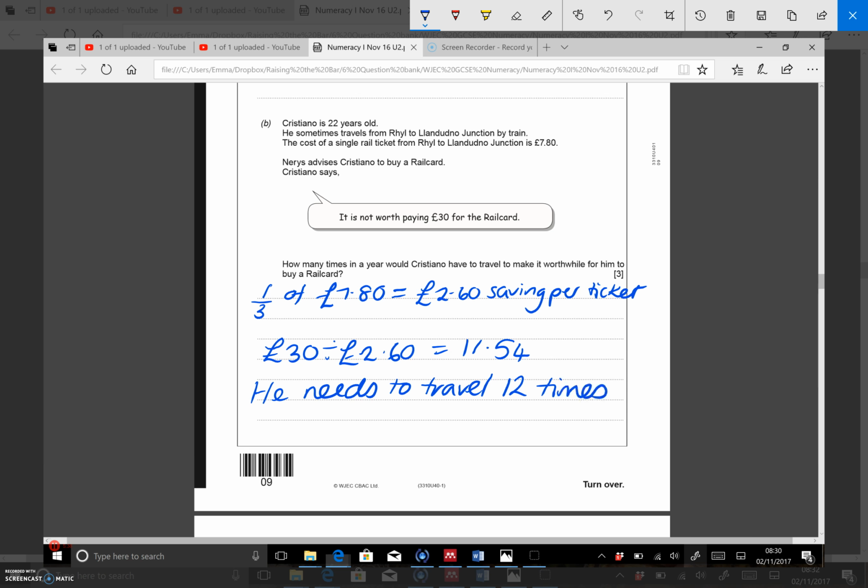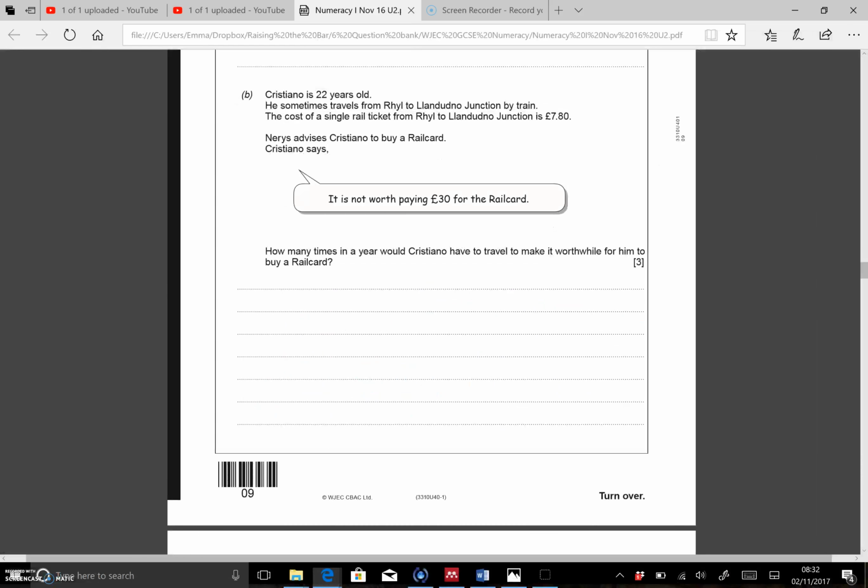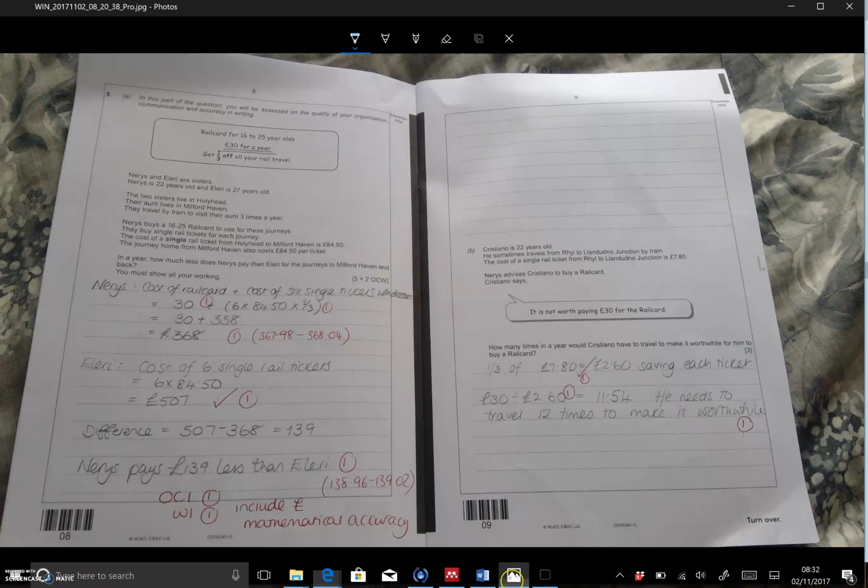Okay, now if we have a look at the mark scheme here, you can see that on the first part of the question you get 2 marks for working out how much Nerys pays, and there's a tolerance on that. So where it says those values in red, if you've got an answer between those two numbers, then you would get the marks for Nerys.